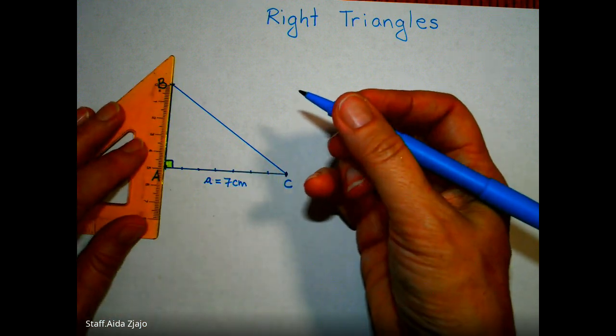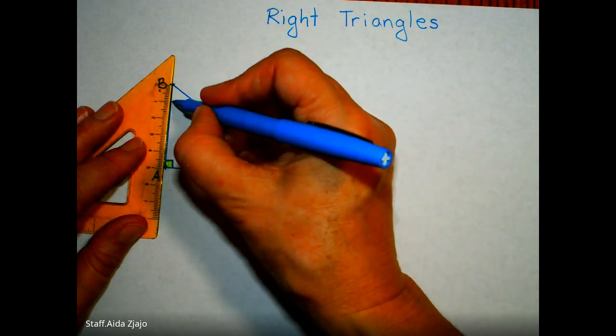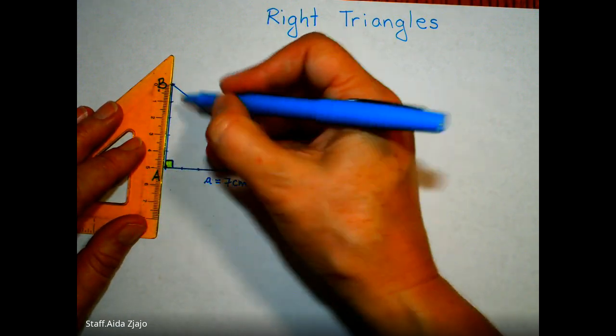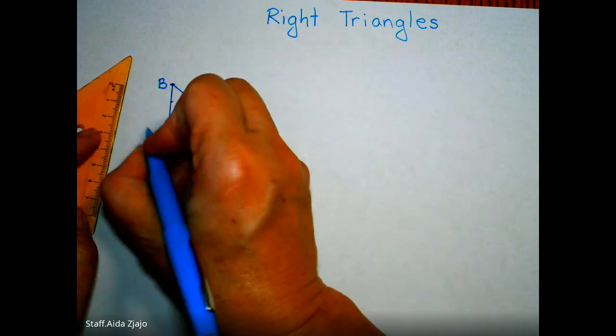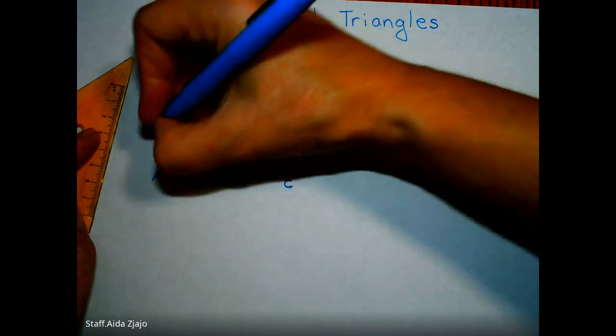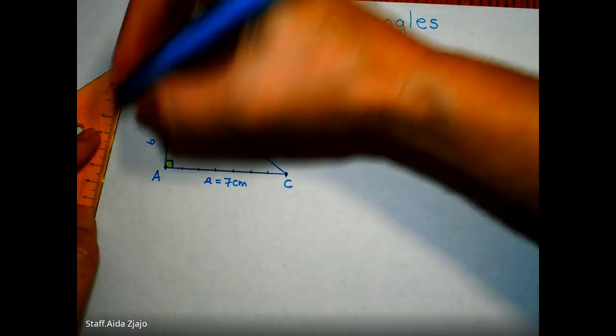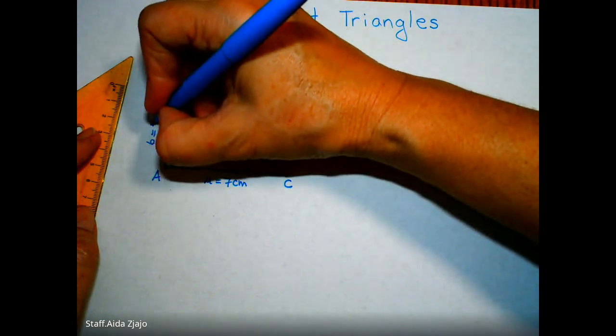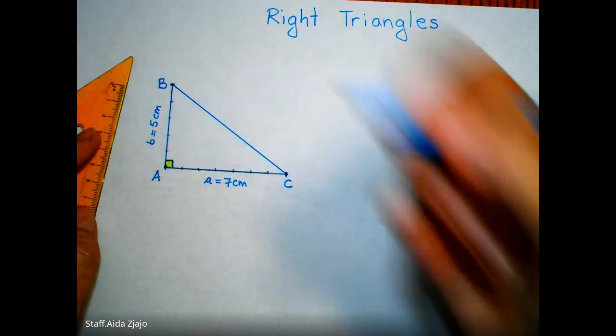And then I can mark these 5 centimeters here, and I can call this my B line segment, and that is 5 centimeters. CM stands for centimeters.